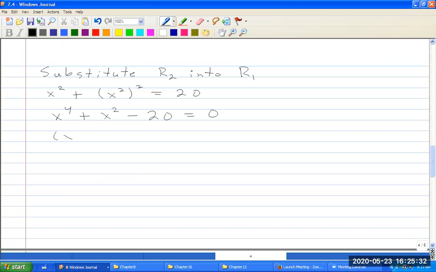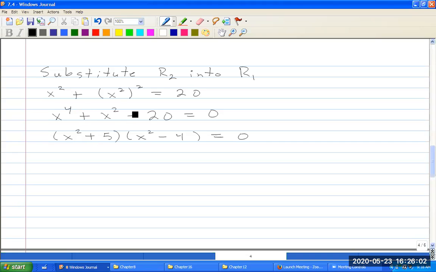And so this factors into X squared plus 5 times X squared minus 4. This is actually a quadratic in X squared. And so I'll just put down X squared here. I want two whole numbers whose product is 20 and whose difference is 1, so 5 and 1.